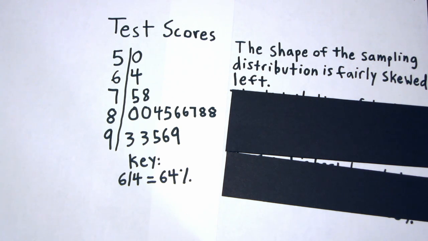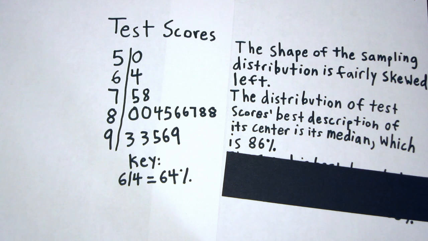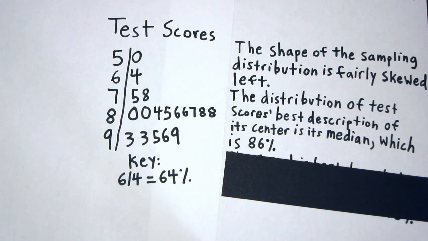Next, we want to describe the center. So here is where I'm going to get points for describing the center, as well as for context. I would say the distribution of test scores, the best description of its center is its median, which is 86%.